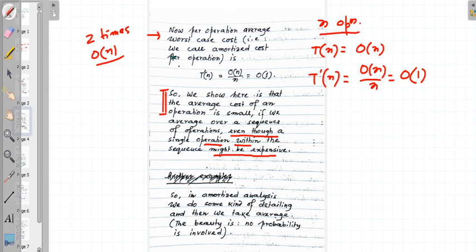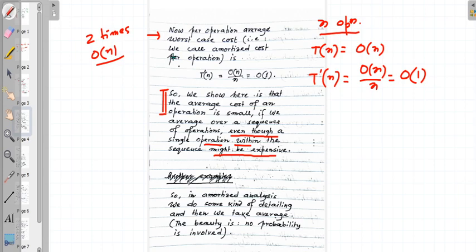Whatever credit you have stored will be debited from there. That means the cost is getting distributed throughout, and you can think of it as if, after recharging, every call is coming to you free.